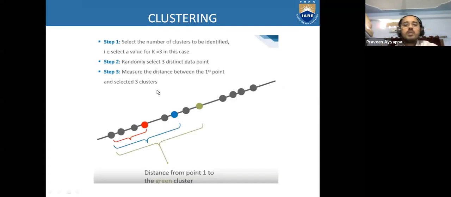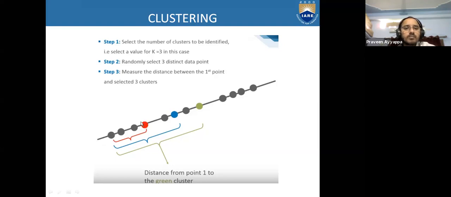Next, once I have selected three distinct data points, measure the distance between the first point and the selected three clusters. So I want to measure the distance between the first point and the selected three clusters. This is the first point, what I am going to call it. The first data point on a given line is the first data point, and measure the distance between the first point and the selected three clusters.